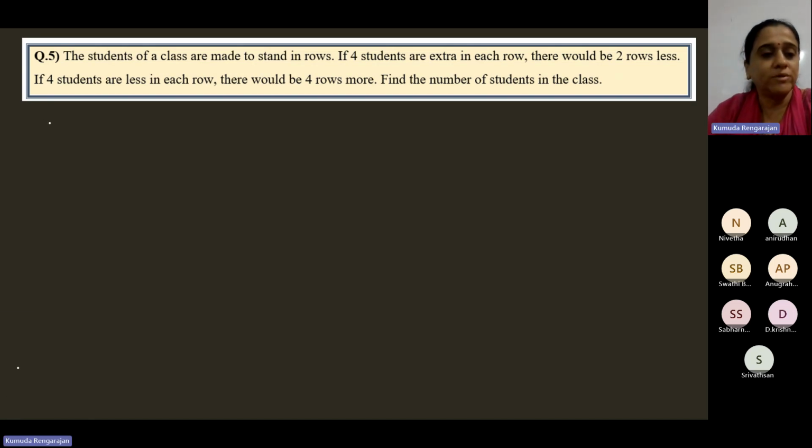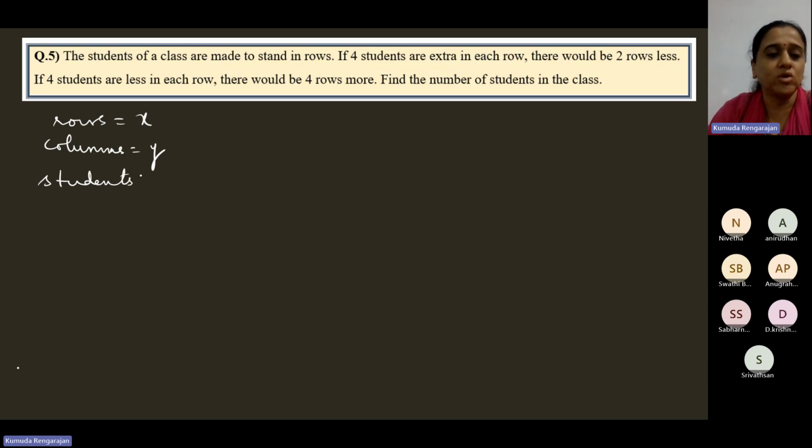All right. So let the number of rows be X and let the number of columns be Y. So the total number of students will be X into Y, rows into columns. Now the first case: the equation is number of rows into number of students in each row is equal to total number of students.